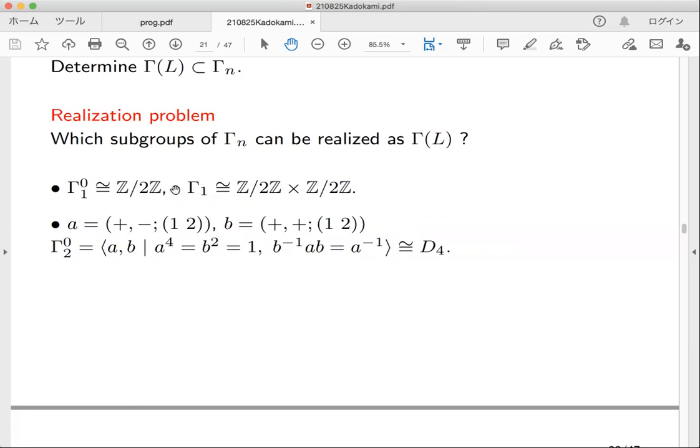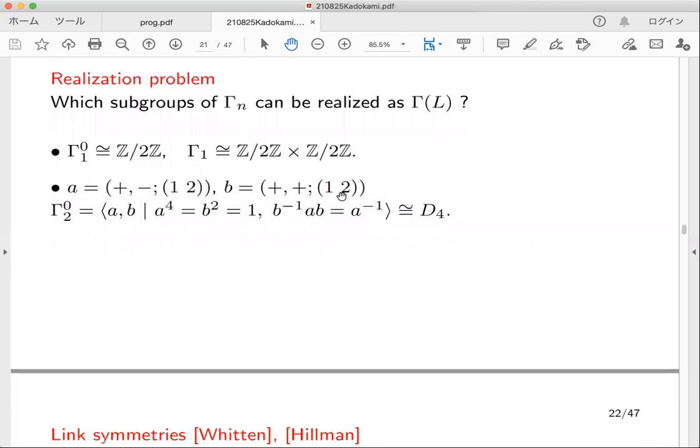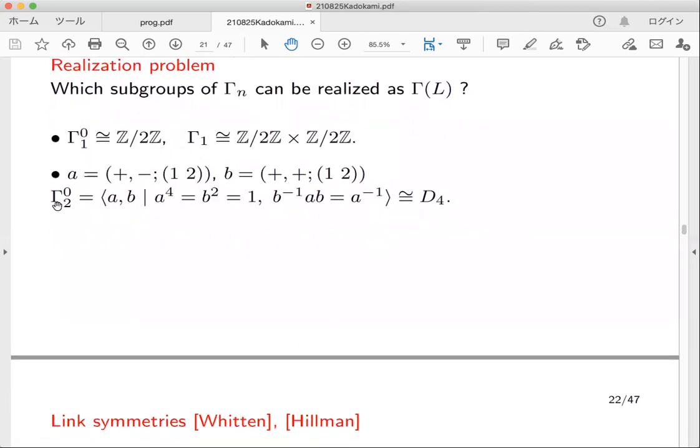We have these. Gamma 1,0 is isomorphic to Z over 2Z. This corresponds to invertibility. And gamma 1 is isomorphic to Z over 2Z times Z over 2Z. Gamma 2,0 is isomorphic to the fourth dihedral group.